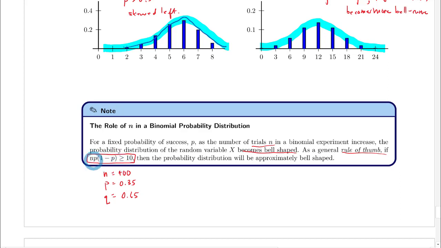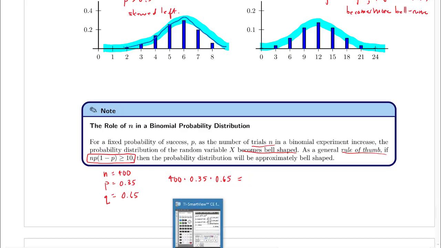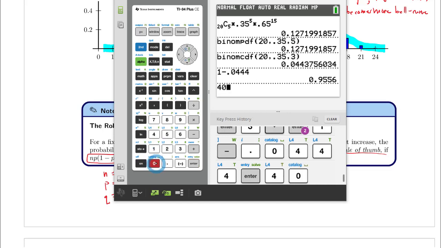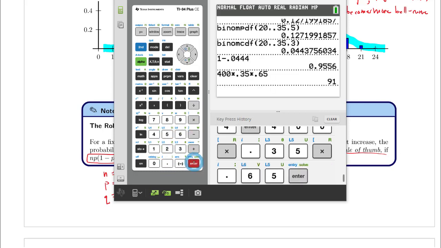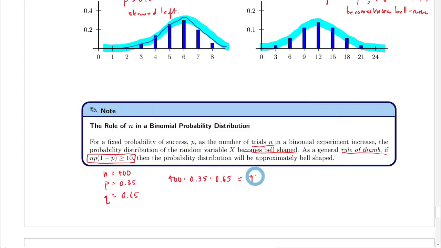Meaning that if I do this product, the left side of the inequality will be larger than or equal to 10. So let's try that: 400 times 0.35 times 0.65. I assume it is larger than or equal to 10, and we get 91, which is greater than or equal to 10.